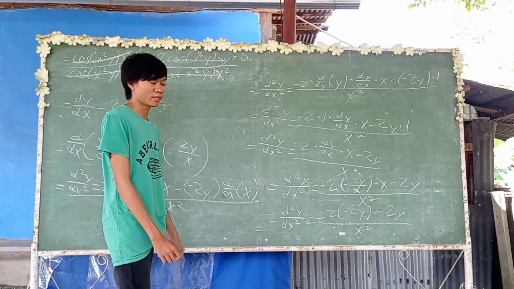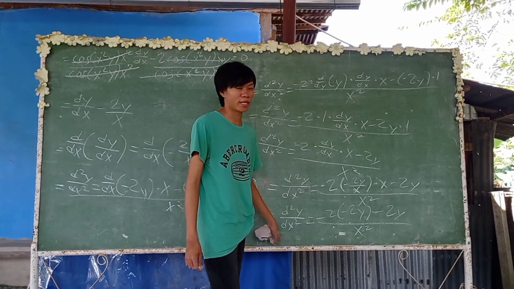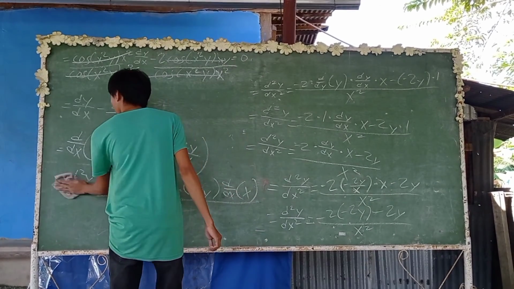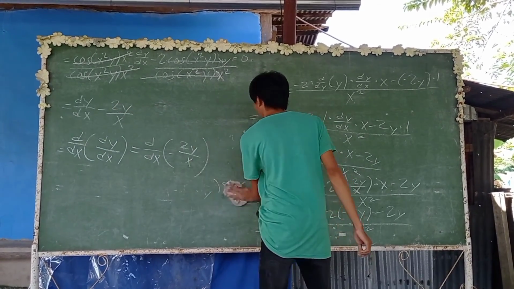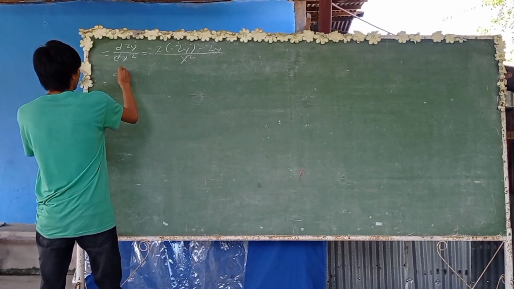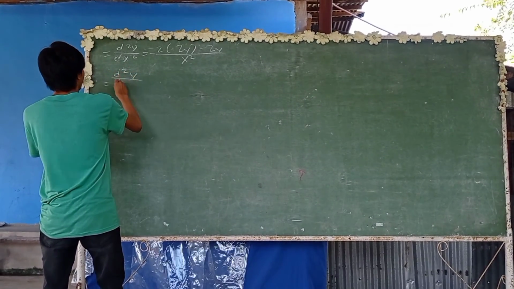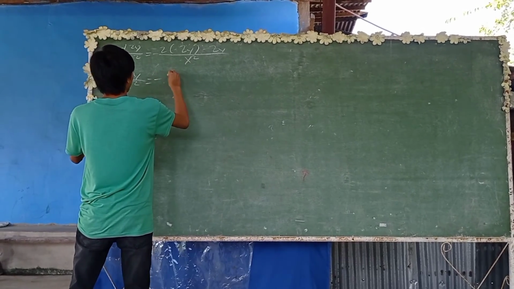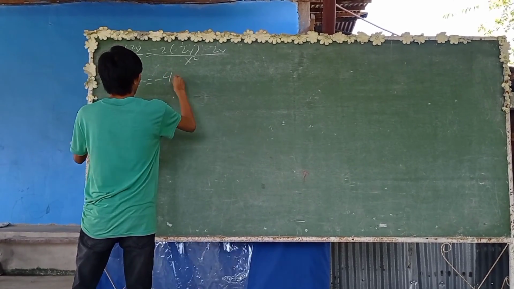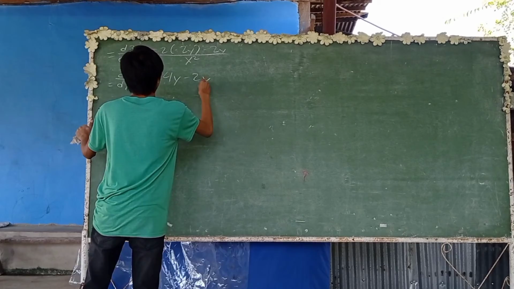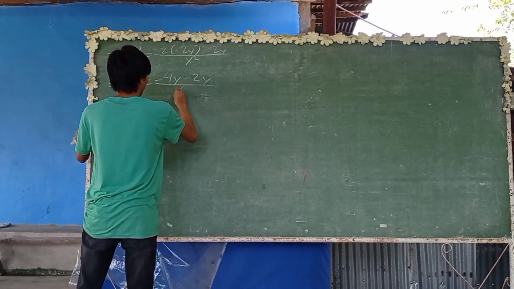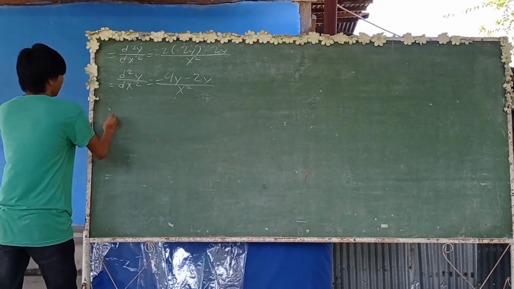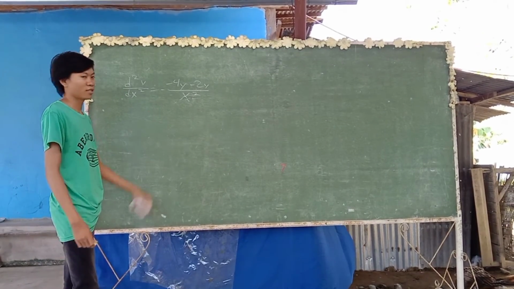The next process is perform the multiplication. So d squared y over dx squared is equal to negative 4y minus 2y, all over x squared. And the next process is subtract.